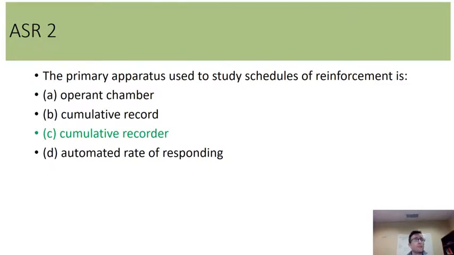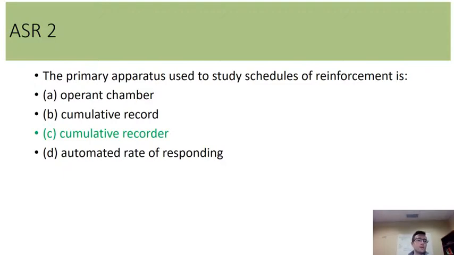So you can rule out A, operant chamber, because the operant chamber is also used to study other aspects of reinforcement, or even to study punishment or the effects of other variables on operant behavior. So it's not quite correct to say that is the primary apparatus. Remember, the cumulative recorder is a device used to automate the measurement of responding that was ongoing in the operant chamber.